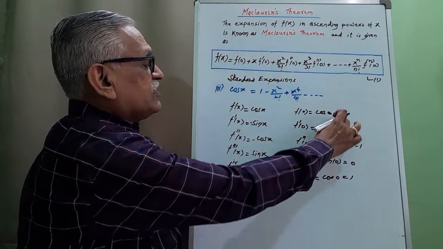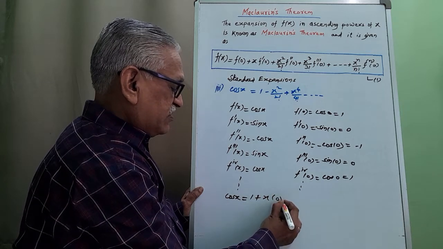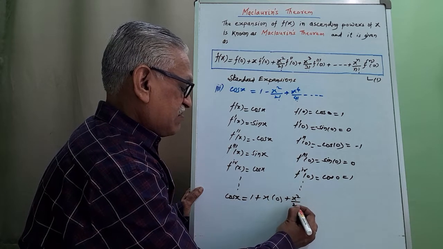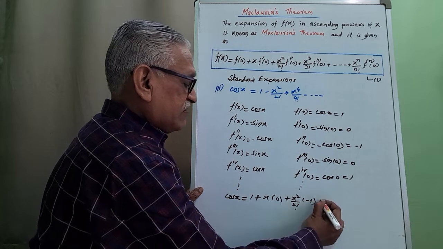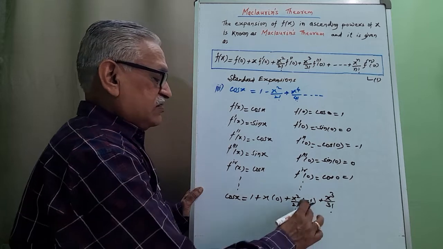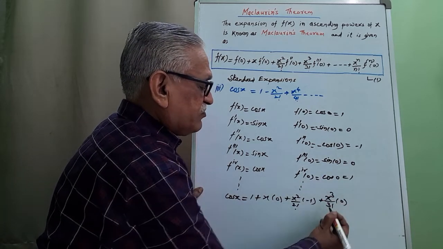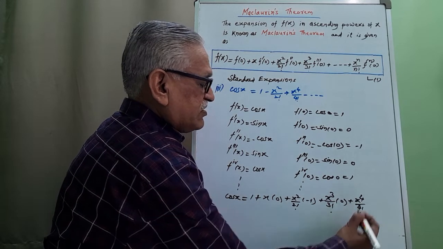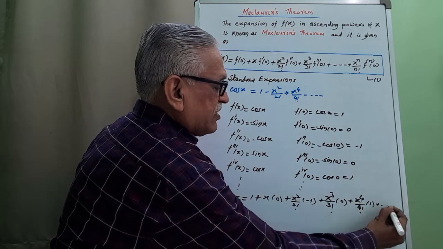F of 0 is 1 plus x into f dash, it is 0, plus x square by 2 factorial, f double dash, it is minus 1, plus x cube by 3 factorial, f triple dash, 0, plus x raised to 4 by 4 factorial, into fourth derivative as 1, and so on.